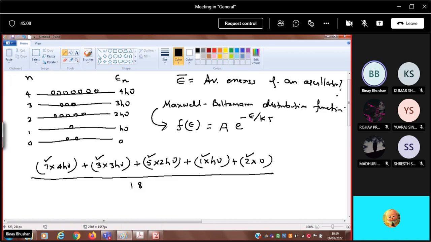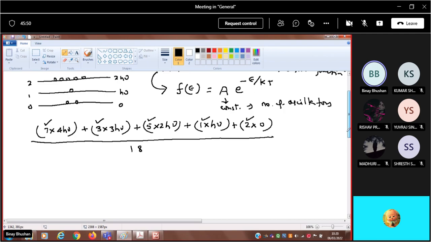Fortunately, we have one expression here that says that the number of oscillators in an energy level epsilon is equal to this, where A is a constant which depends on the total number of oscillators in the black body which are radiating. So now we know the number of oscillators in a particular energy level, right?